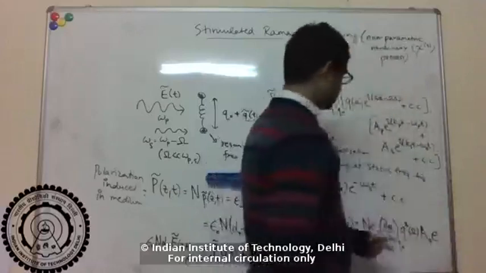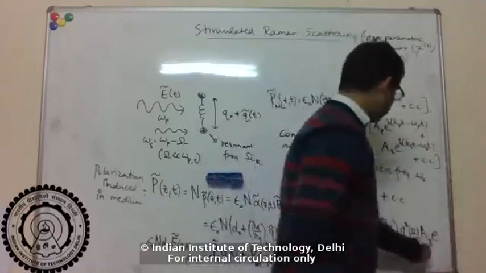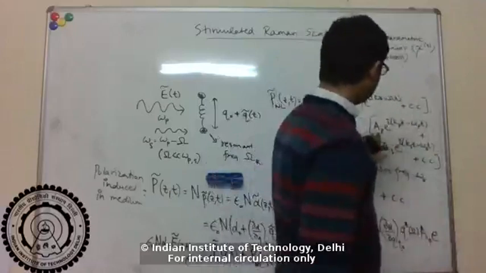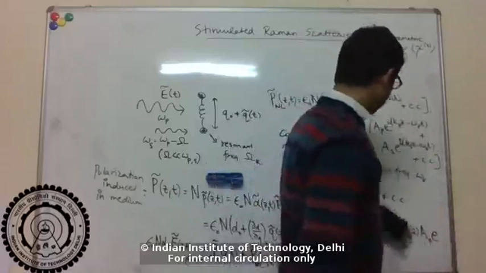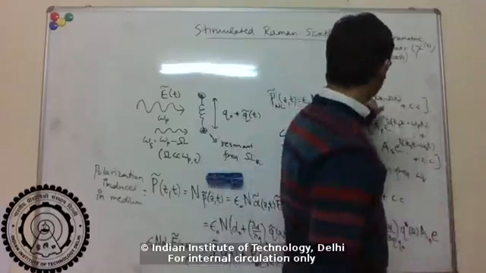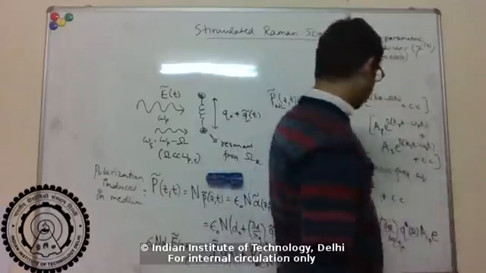Right, and the spatial dependence. Okay, so the term I'll get will be AP, which is going as e to the minus I omega p t, times this Q conjugate, which is going as e to the I capital omega t, right?